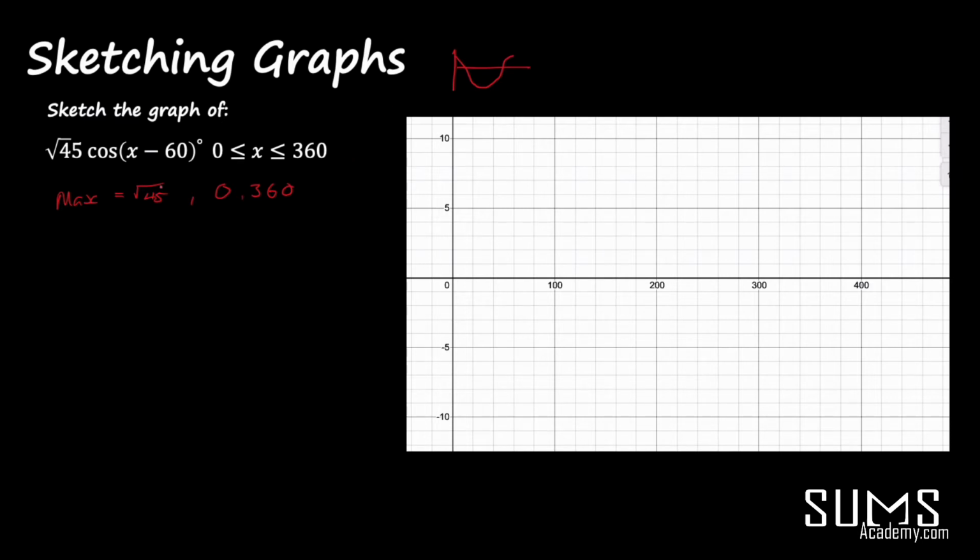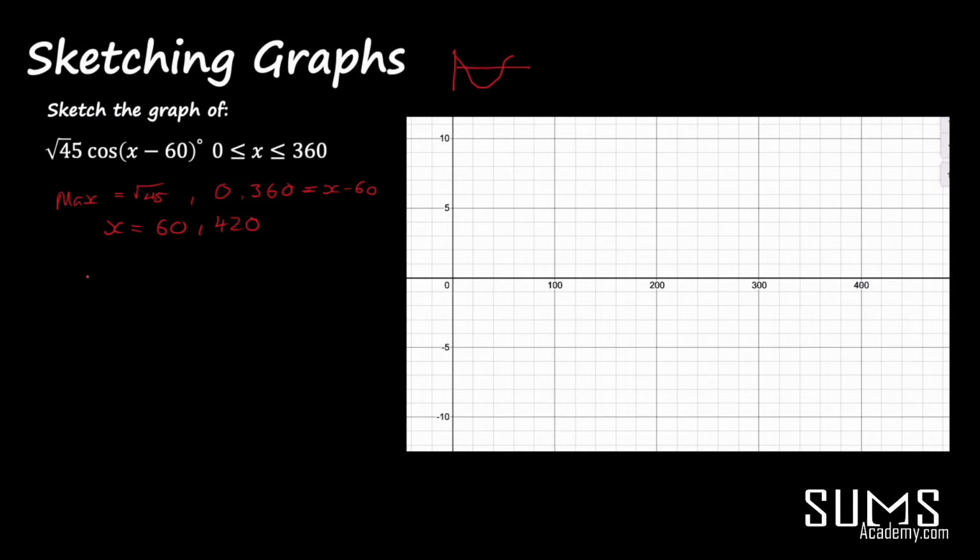But now we're being told that it's being shifted by 60. So what's going to happen now? When x minus 60 equals 0, x is going to be 60, and 360 plus 60 as well, which should be 420.